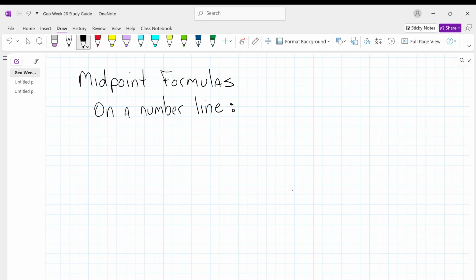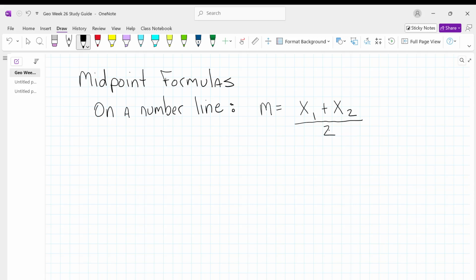All right. So on a number line, the formula for midpoint is equal to x sub 1 plus x sub 2 divided by 2. So when you add two numbers together and then you divide them by 2, it gives you the average, right?